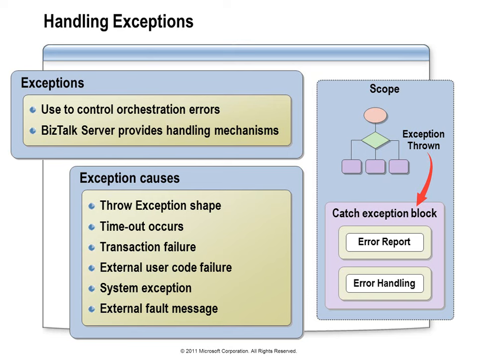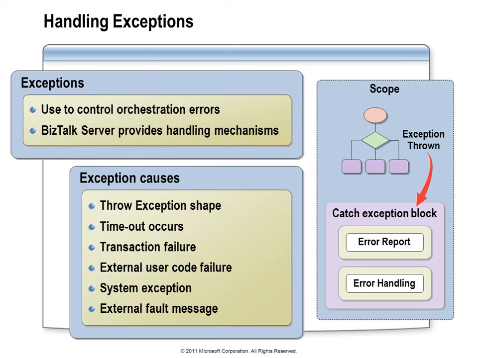So there are a few other things to note about exception handlers. As you know, exception handlers are appended to scope shapes, and scope shapes can have multiple exception handlers. Each exception handler needs to be configured to catch a particular type of exception. At runtime, if an exception is thrown, the orchestration runtime is going to walk through that list of exception handlers looking for a matching handler.